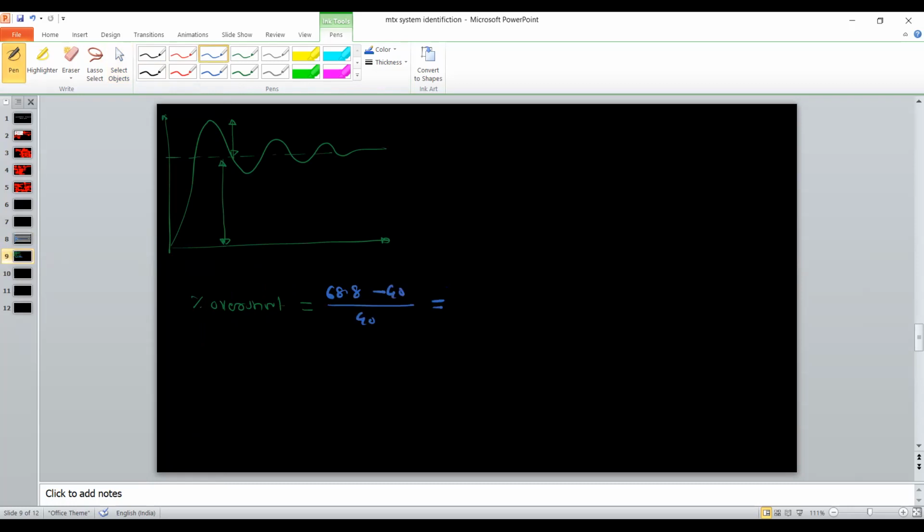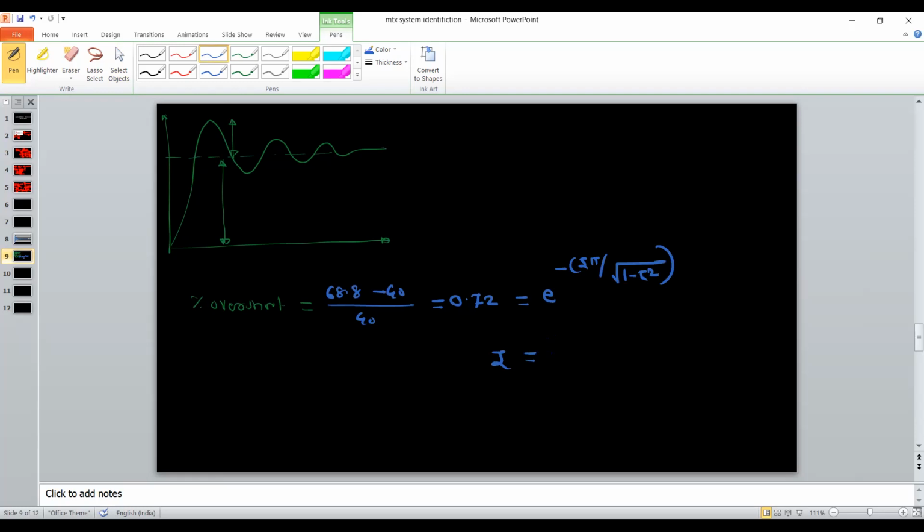So that is equal to 0.72, that is equal to e raised to minus zeta pi divided by square root of 1 minus zeta square. If you multiply this 0.72, it will become 72%. Okay. So now solve this equation and get the value of zeta.